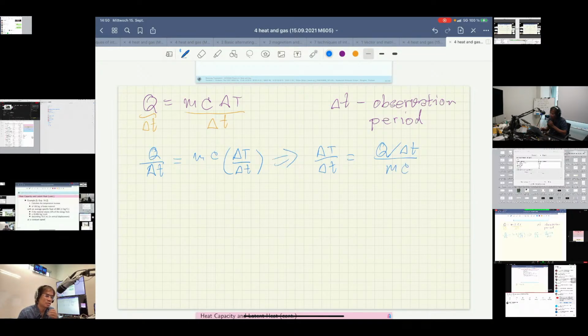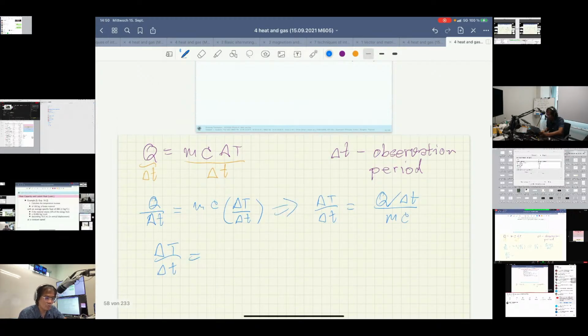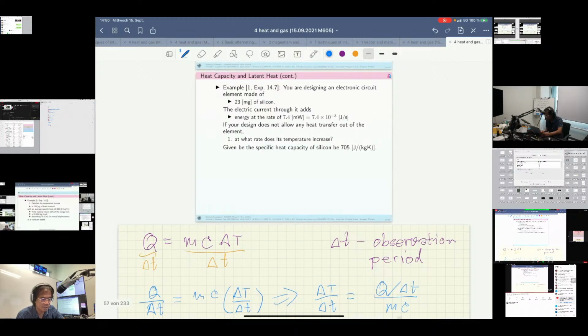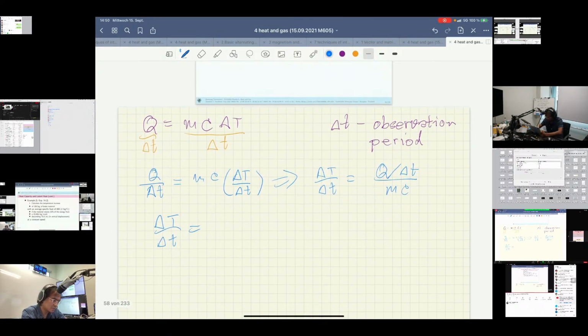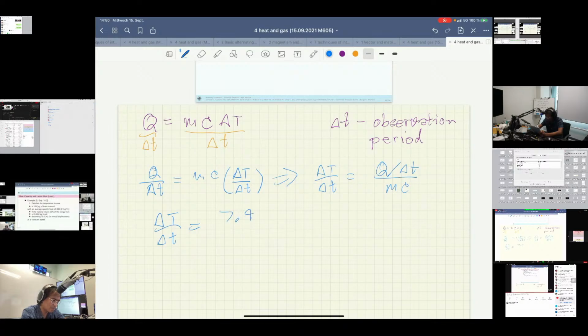All right, let's substitute everything. The delta T by delta small t is going to be Q by delta t, which is the energy per time, which is this one, 7.4 times 10 raised to negative 3 joule per second.